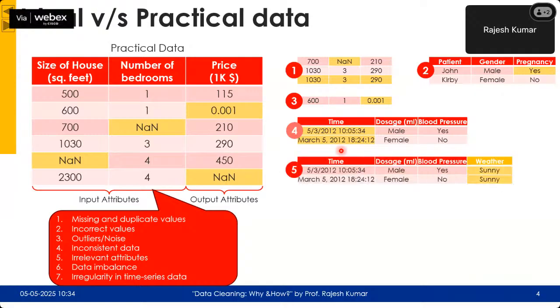Another one is irrelevant data. This one is healthcare data. You can see a dose and blood pressure, but if I take the output as a weather attribute such as sunny, sunny makes no sense. If it is connected in one way or another, then it's okay. But many times there is irrelevant data that has no use. Say you are working on hospital data, and you have a pathological test and disease identification, but there is one attribute, the name of the patient.